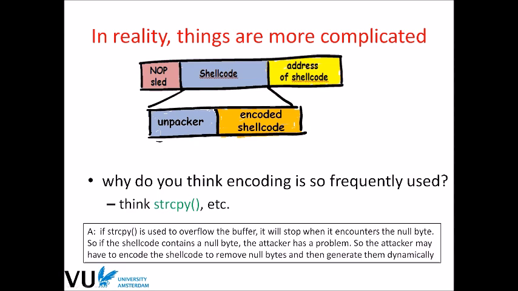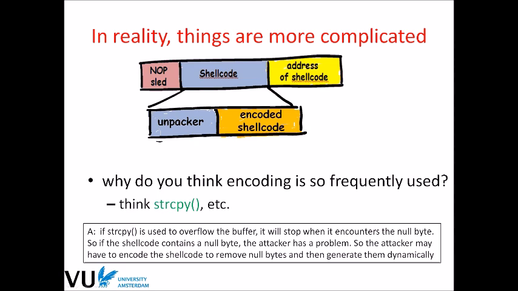So what we need to do as an attacker is make sure that our shellcode does not contain such a null character. Maybe we make it a 1, and then dynamically when we start executing, decrement it by 1, and it becomes a null.